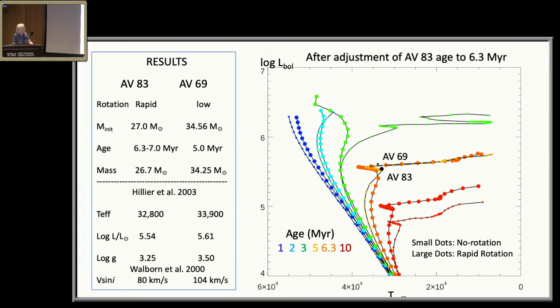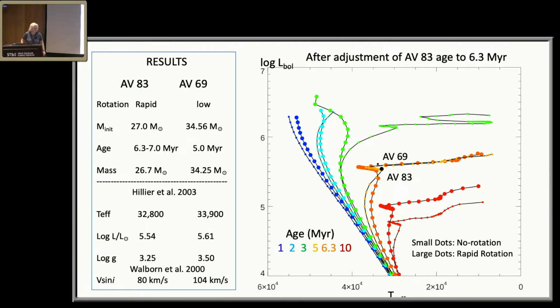So this slide then shows where the age in the darker orange, at 6.3 million years, the two isochrones for AV69 and AV83 overlap.